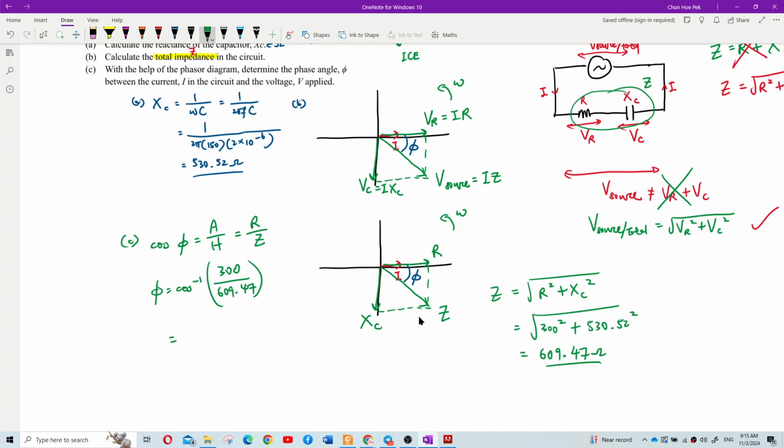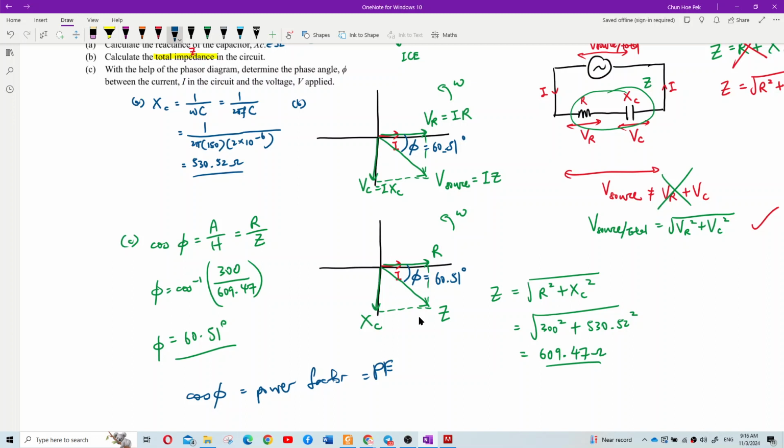So I got the angle, the phi is 60.51 degree. So the angle over here is 60.51 degree. In fact, actually, cos phi is called the power factor, which we will learn later.